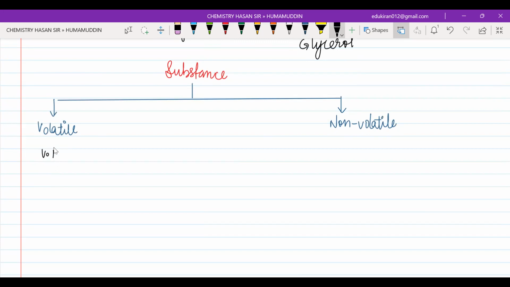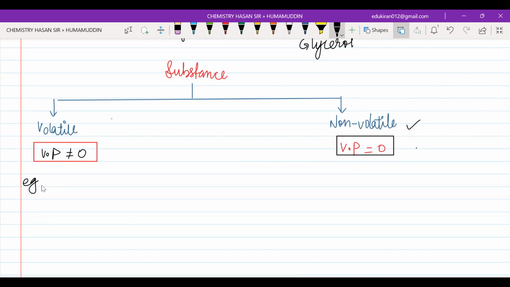Volatile substance is the one which will be converted into vapor and create vapor pressure. That means vapor pressure is not equal to zero. It will have some vapor pressure. And non-volatile substance will be one which will not create any type of vapor pressure. That means vapor pressure of non-volatile solute will be zero.